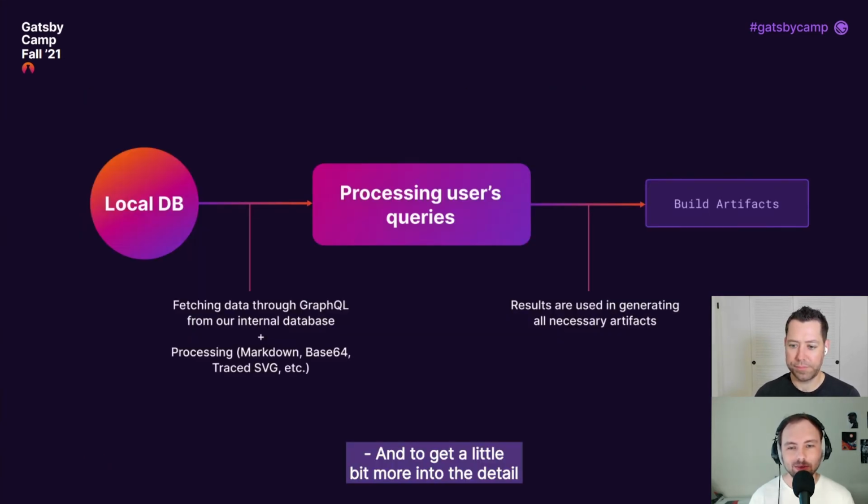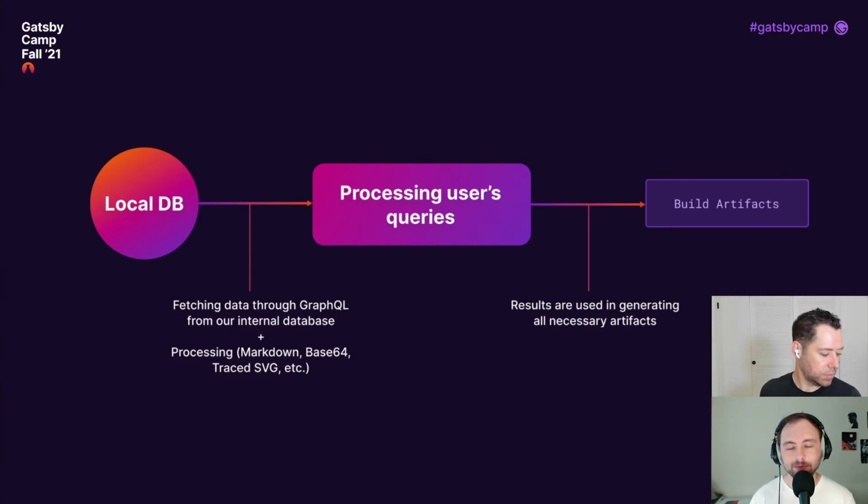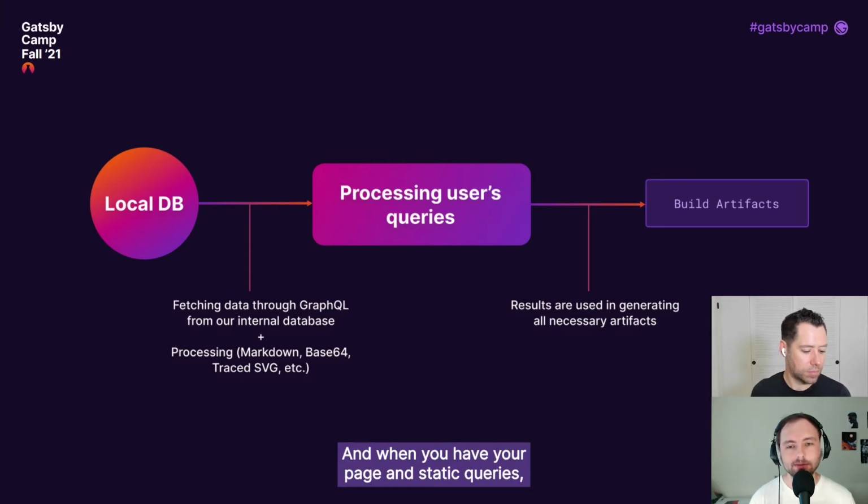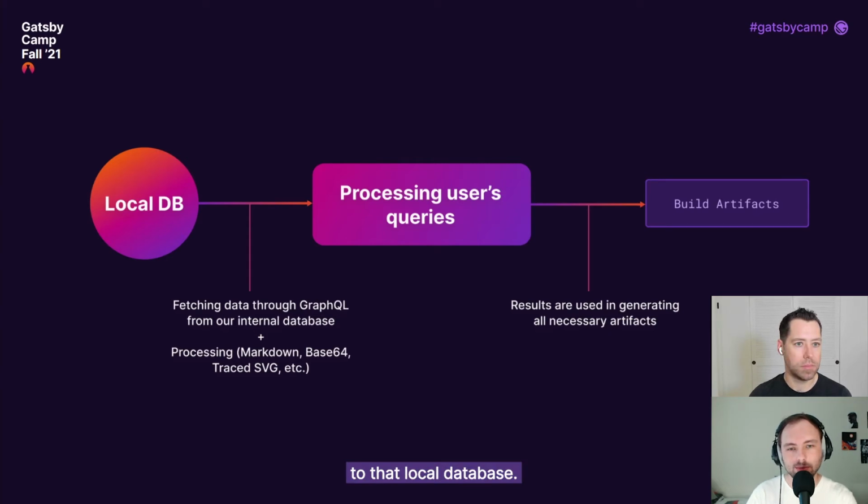To get a little bit more into the detail with query running, inside Gatsby we currently have an in-process local database. It's Redux under the hood, really. When you have your page and static queries, we use those to interface through GraphQL to that local database. We use your queries to run queries against that local database, and then we get the data out of it.